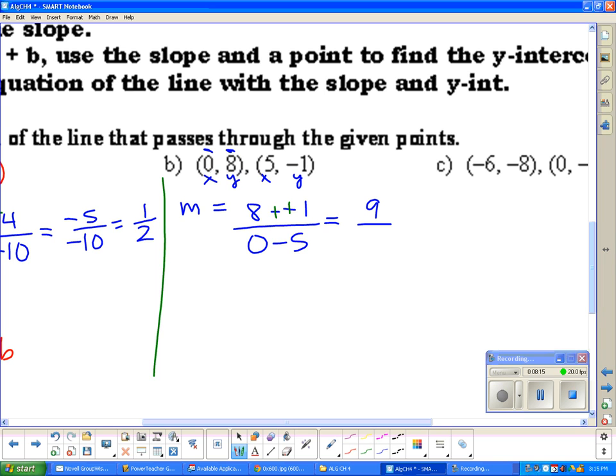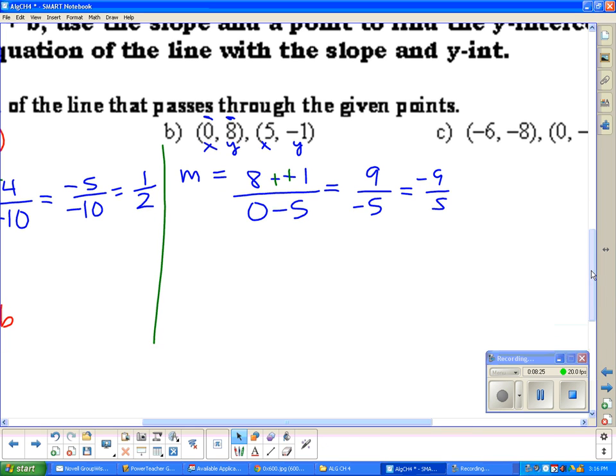Alright, so, just like before, I know what my m is now. I know what my slope is, -9 over 5 x. I don't know what my b is, so I'm going to put plus b. And now, just like before, I have a choice of which point I can use. Now, I could choose either one of these, but I'm going to choose the one that's going to be easier for me later.